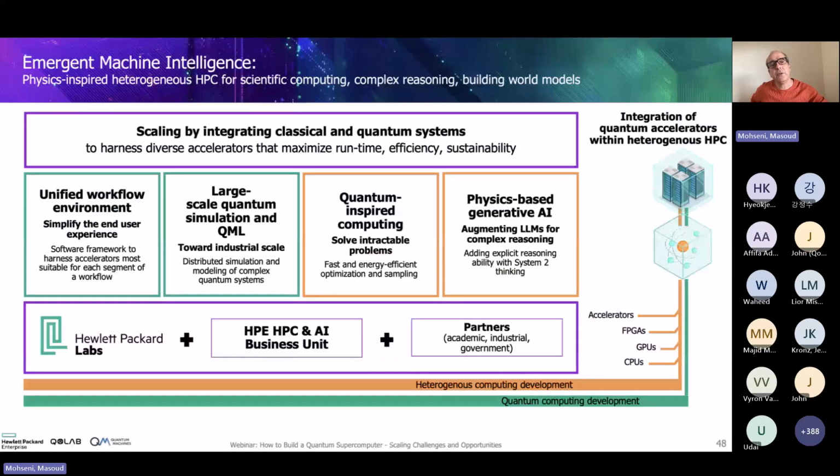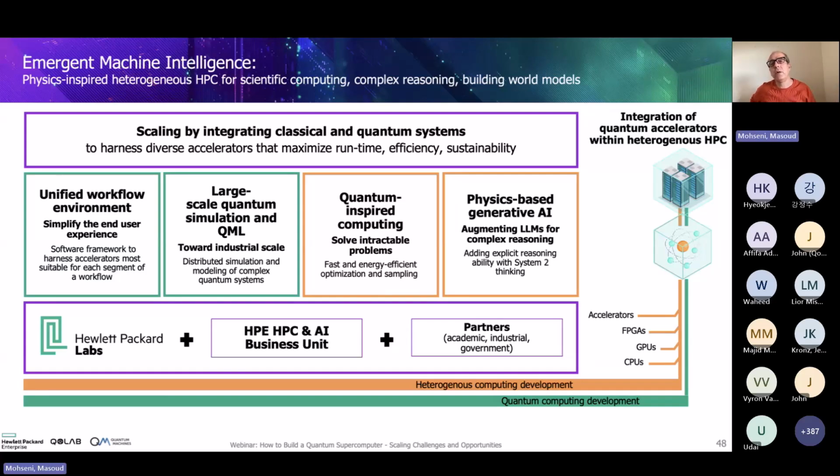On the quantum side, we have two big mandates. We are developing a unified workflow environment for easy use of quantum computers, basically one single API to use any quantum computer with any quantum SDK. On applications, we are focusing on quantum data, quantum simulation, and quantum machine learning on quantum data.